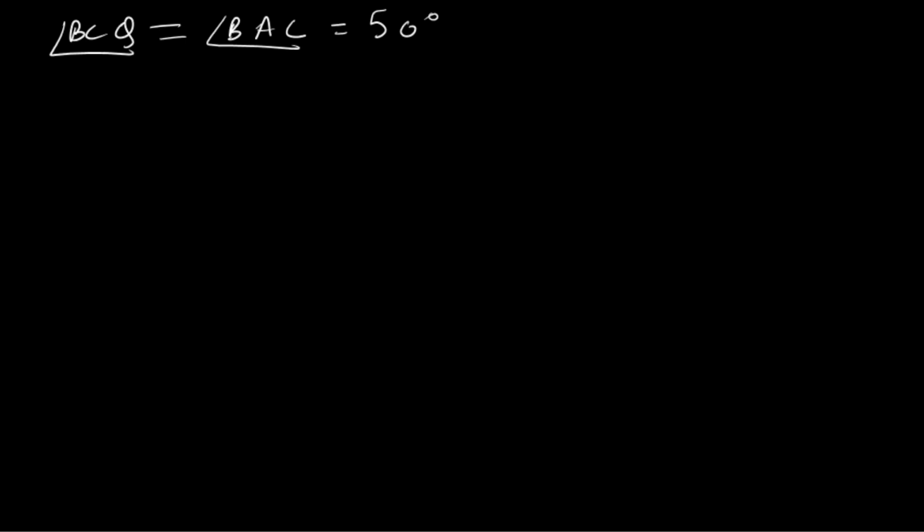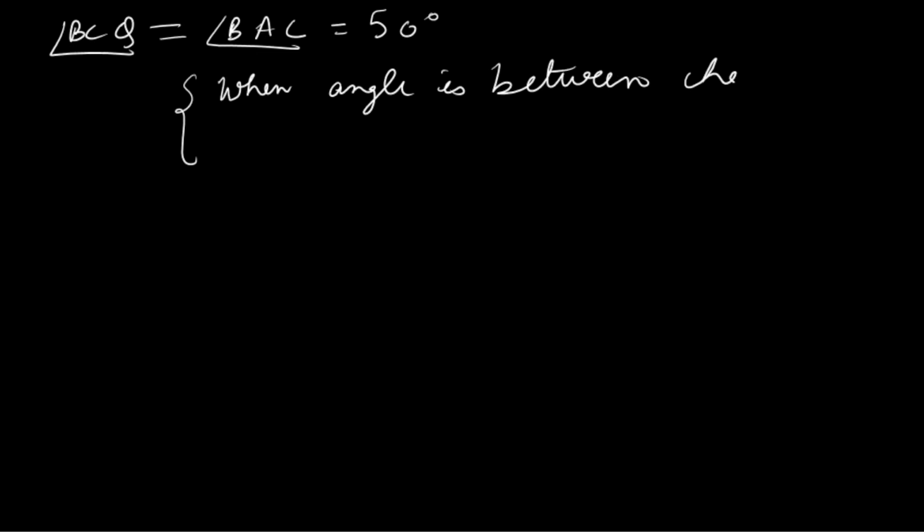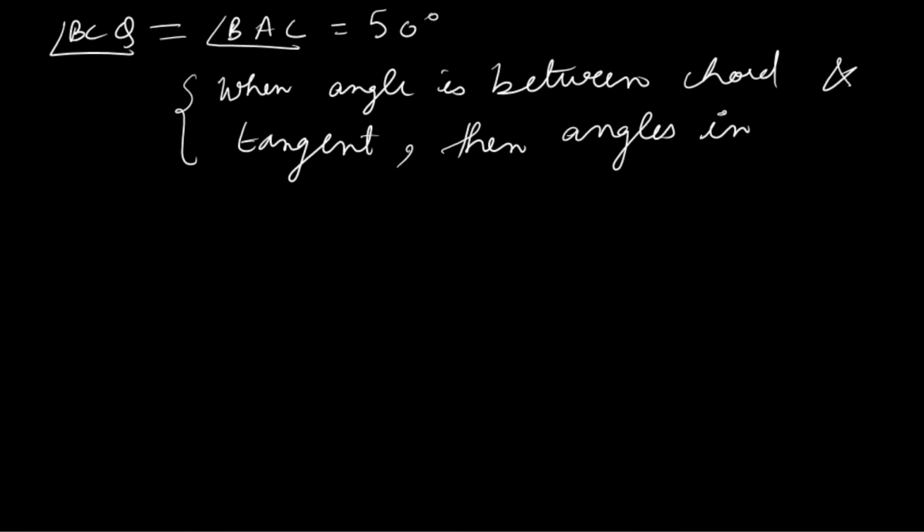BAC is equal to 50 degrees. So the reason you can write: when the angle is between chord and tangent, then angles in the alternate segment are equal.